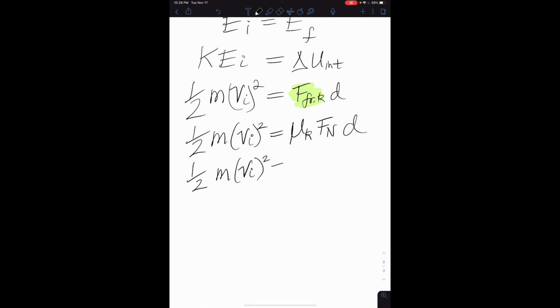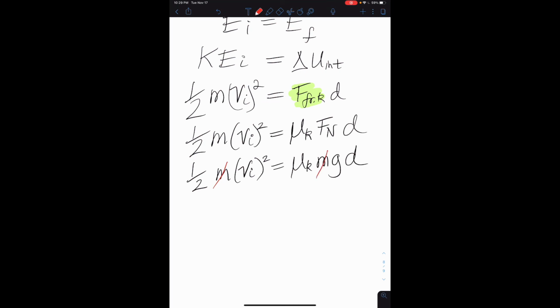I'm avoiding putting numbers in because maybe there's something cool that cancels off, and I think right here we're going to see that. Specifically, mass. That saved us the effort of plugging in more numbers than we needed.